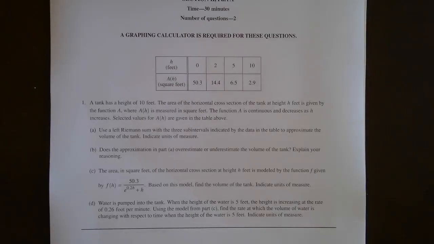We're done with C. Let's go on to D. Okay, so water is pumped into the tank when the height of the water is 5 feet. So that's h equals 5.